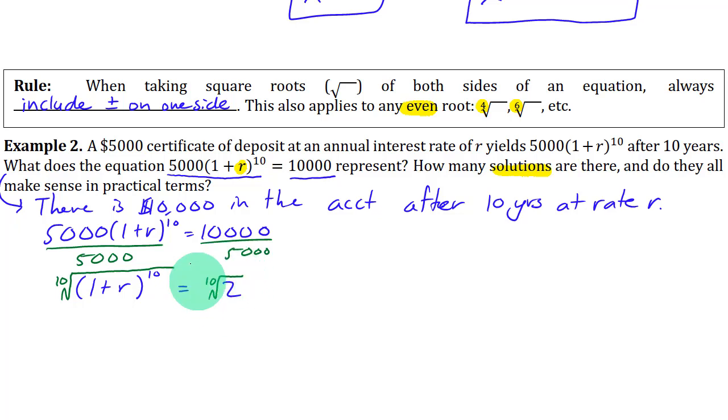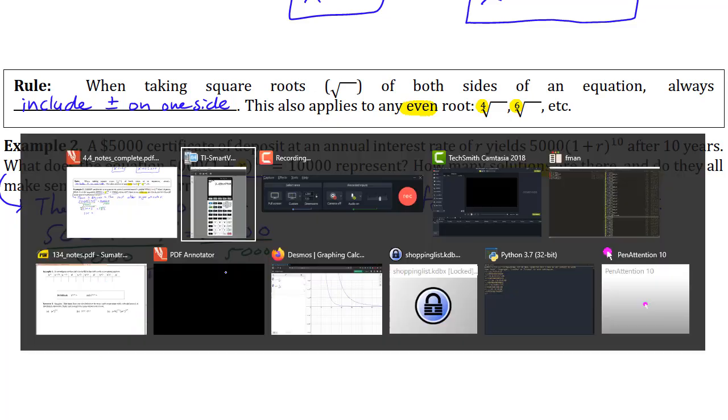Yes, you're right. Okay, so if that's an even number, we're doing an even root, we're going to include plus or minus here on that side. And so this is going to cancel out with the 10th power. We just end up with 1 plus R equals, well, let's actually do this on a calculator.